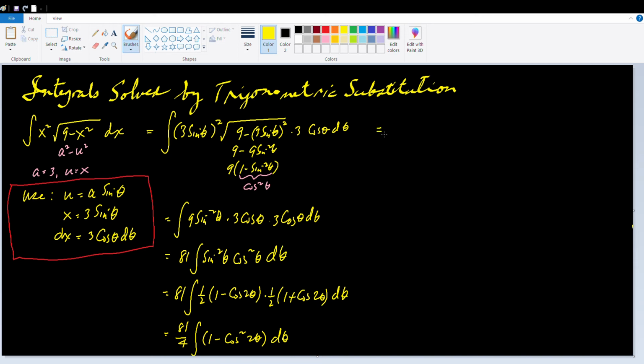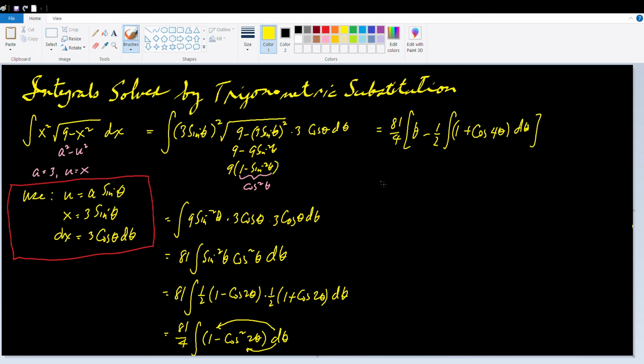So we continue. 81 over 4 integral of, okay, so we can integrate d theta, which is theta, minus, but for the integral of cosine squared of 2 theta, we apply anew the identity 1/2 (1 plus cosine of twice the angle). 2 times 2 theta becomes 4 theta d theta.